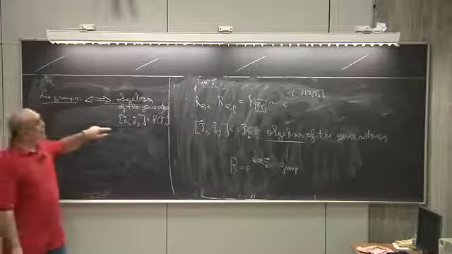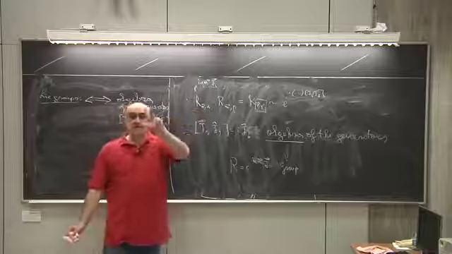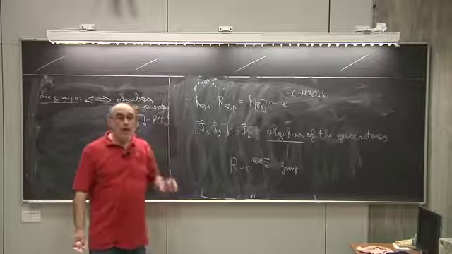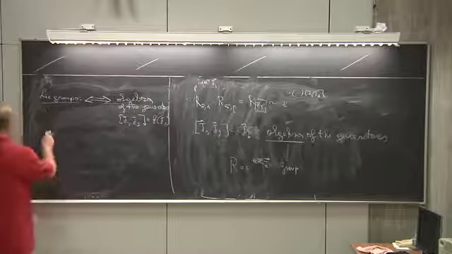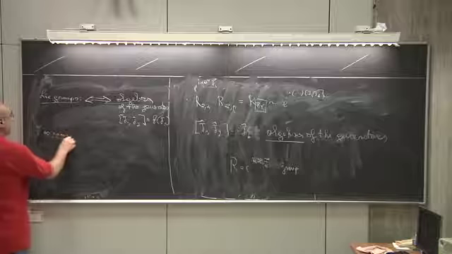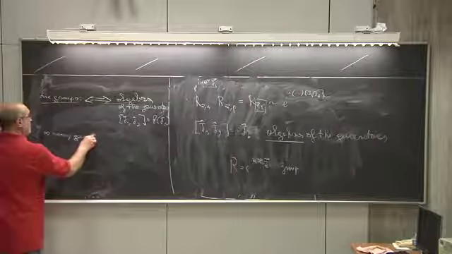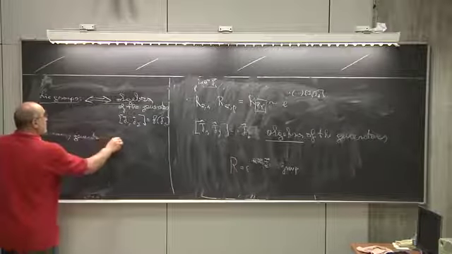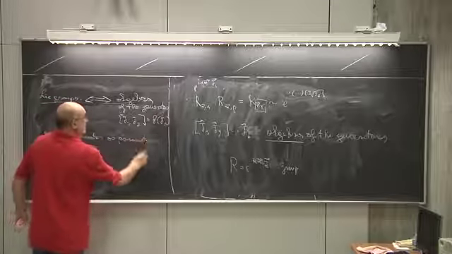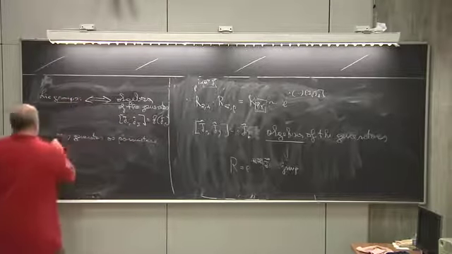How many parameters did we need for the group? We needed 3 parameters, right? The 2 angles for theta and the angle around. So there are as many generators as parameters of the group.